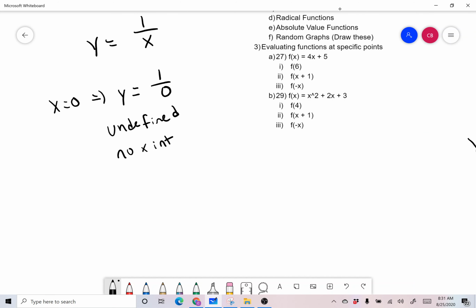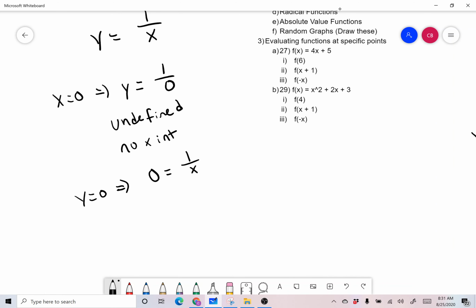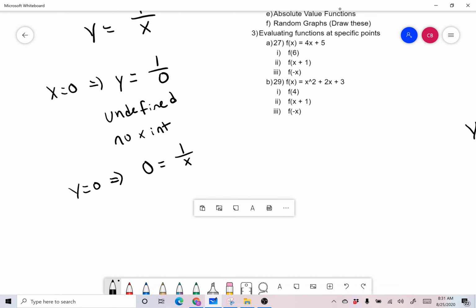And then if I give you y equals 0, then I have 0 is equal to 1 over x. Well, 1 divided by how many parts is going to give me 0? Well, it should be pretty obvious that that number would have to be insanely big. But unfortunately, if you take one of something and you just divide it into pieces, you're always going to have some amount of pieces left, no matter how small those pieces are.